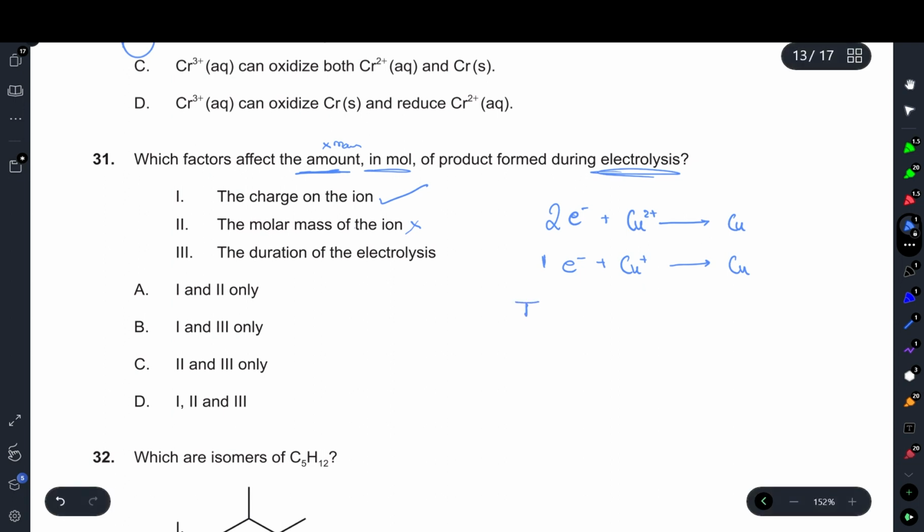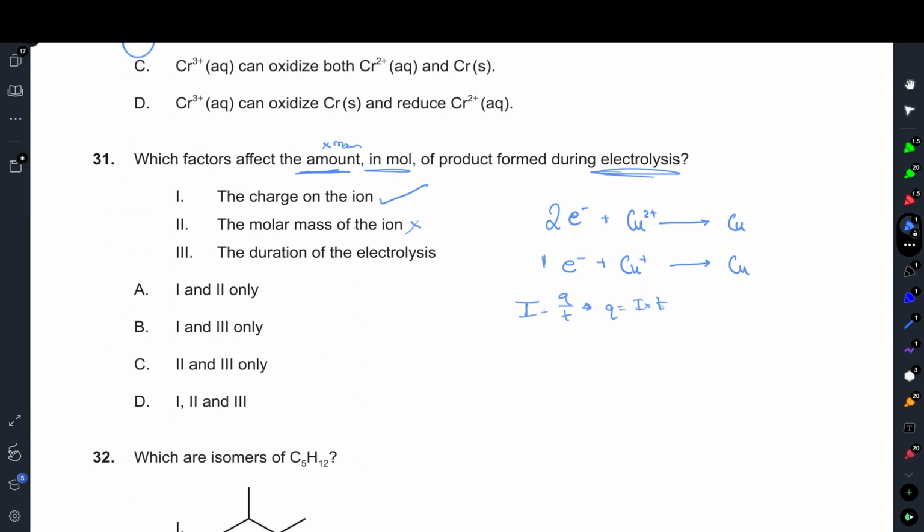I is equal to Q over t, which means that charge is equal to current times time. This is a formula that you'd be well used to if you're a physics student, but otherwise, this is pretty straightforward. This means that the greater the amount of time, the more charge that's added, therefore the more electrons, which means the greater amount of product that's formed. So question number 31, options 1 and 3.